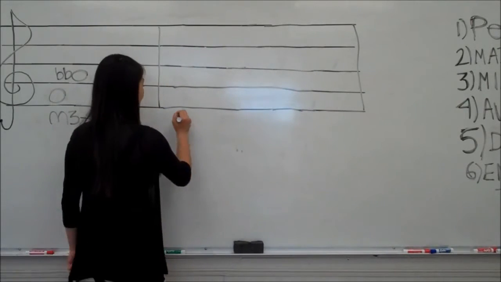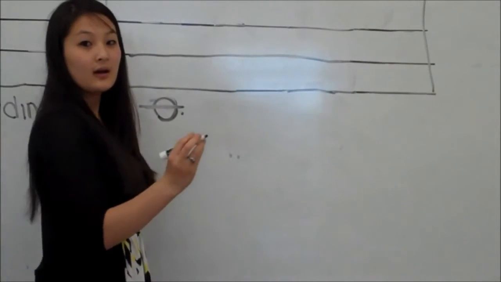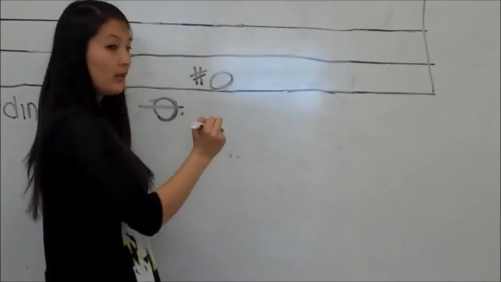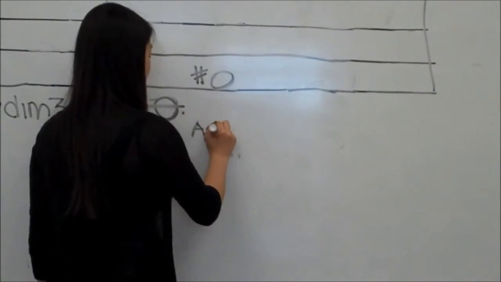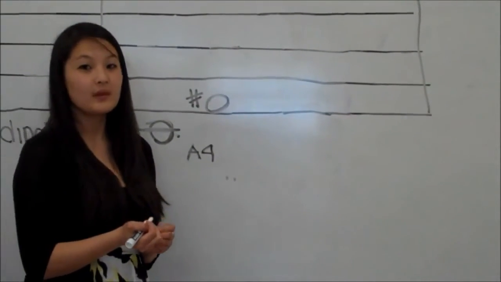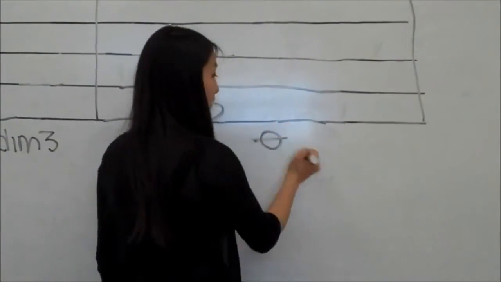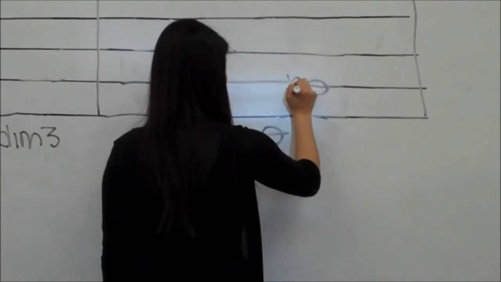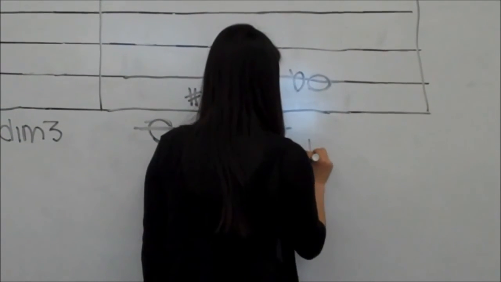So, if we had a C going to an F sharp, this would be an augmented fourth, and also 3 whole steps apart. And then, if we had a C going to a G flat, this would also be a tritone because it would be a diminished fifth.